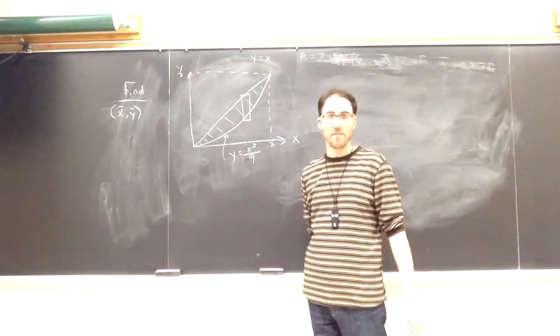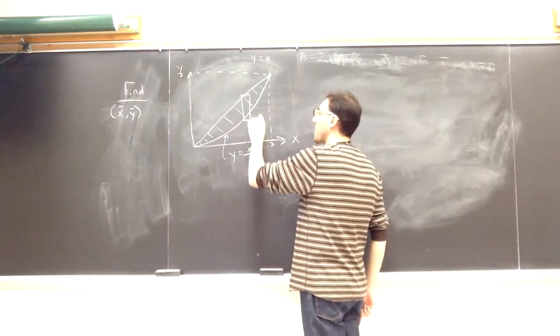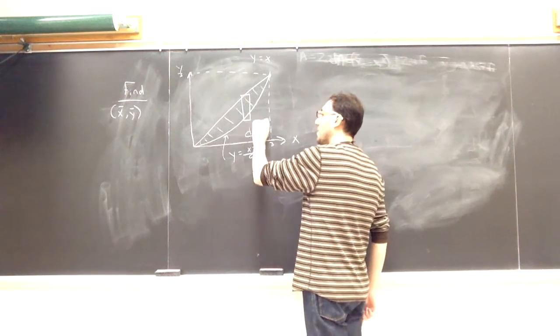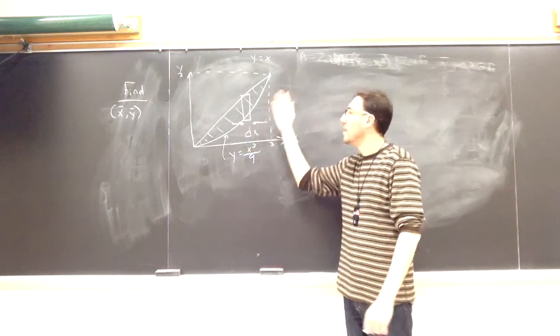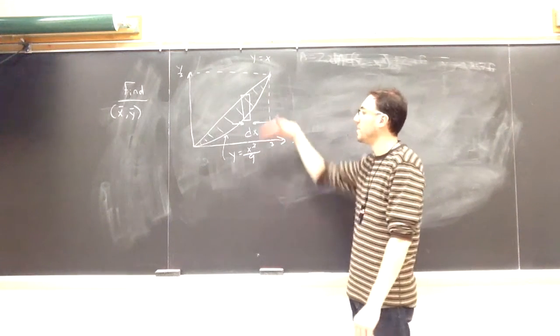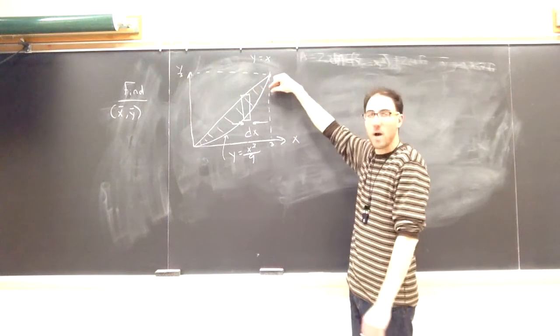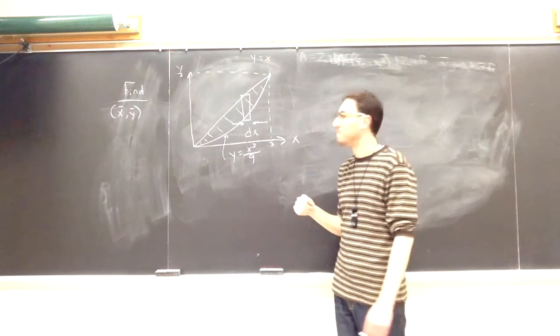There's an infinite number of them. And because I'm using a vertical rectangle, that means that each rectangle has a width of dx. Their bases are infinitely thin, but there's an infinite number of them as we go left to right. If I had used a horizontal rectangle, their height would be infinitely thin, but there would be an infinite number of them from bottom to top.